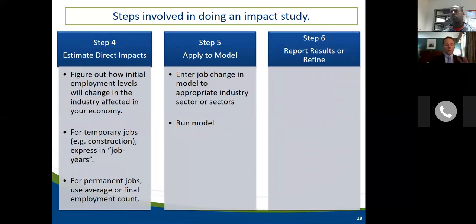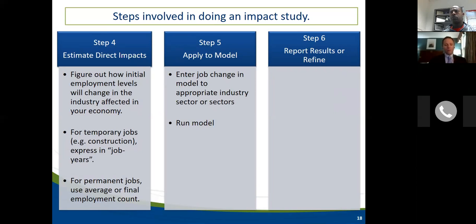Step 4, you estimate those direct impacts. So if the developer said it's 100 jobs, but you think only 80% of them are net new, then you say, okay, my direct impact is 80 jobs. And I know they're getting paid this much. One little note: if you do want to look at temporary jobs during the construction period, you have to make one conversion, which is job years.